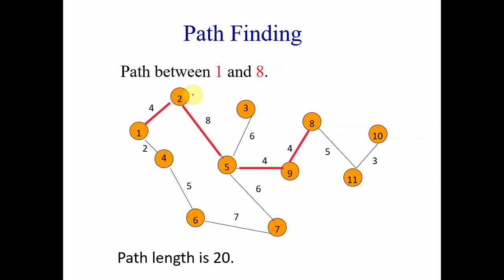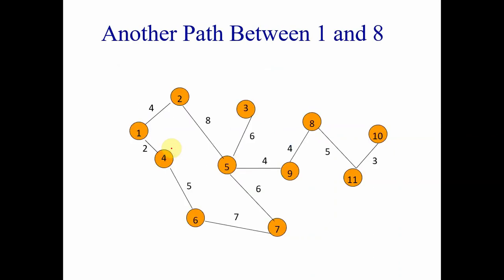But we know that that is not the only path. We can also choose another one. From 1 to 8, we can go 1 to 4, 4 to 6, 6 to 7, 7 to 5, 5 to 9, 9 to 8. It is another path that allows a node to go to another node, in this case 1 to 8.